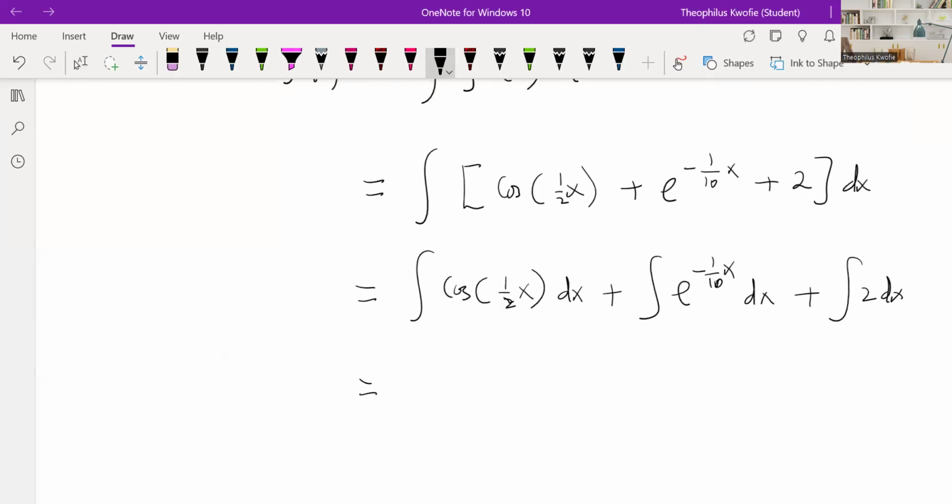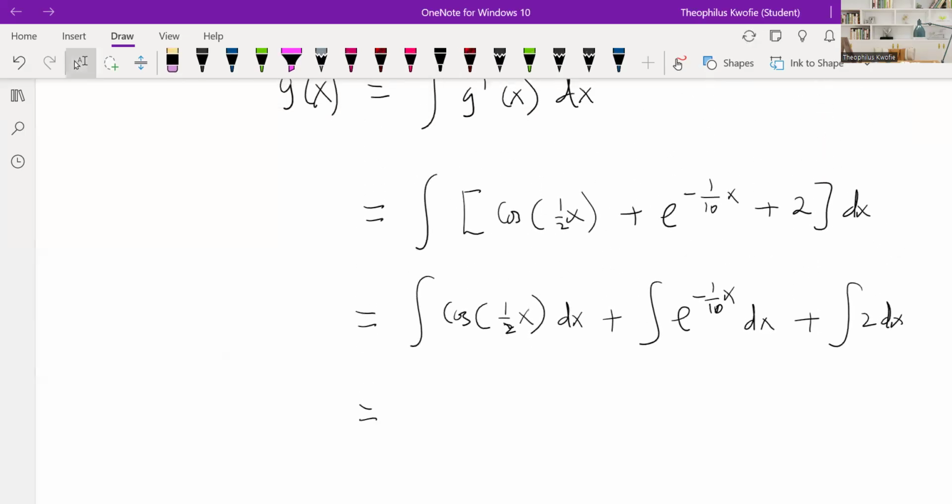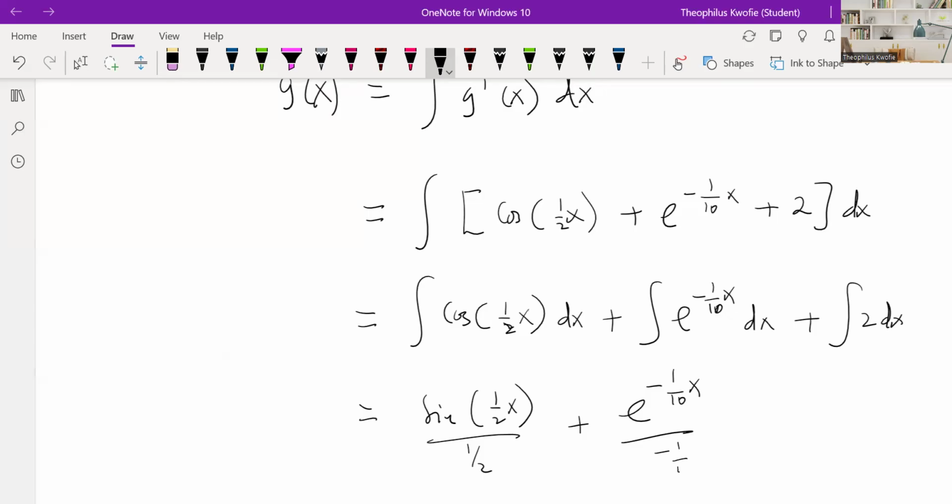Now you ask yourself, what function do we differentiate such that we get cosine? That is sine of the angle, then we divide by the coefficient of x, and that is half. We also maintain the integrand and divide by the coefficient of x, and that is minus 10.